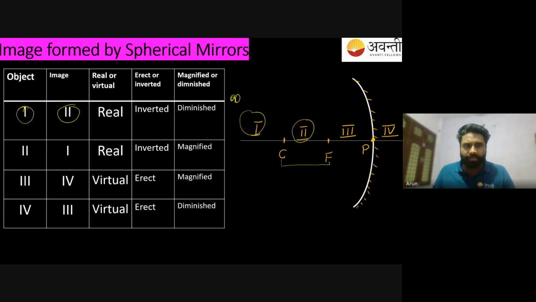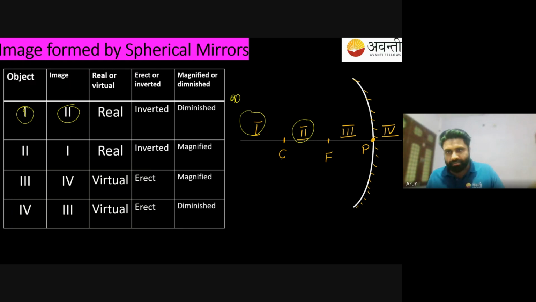And how will the image be? Image real होगी कि virtual? Because this image also lies on the side of the reflected ray. ठीक है, यहां से इंसिडेंट रे आई होगी, देन रिफ्लेक्टेड रे एक्चुअल मीट हुई होगी. ठीक है, इसके लिए भी one of the tricks that I have told you: if the image is formed and lies beyond the pole, पोल से किस साइड में है?